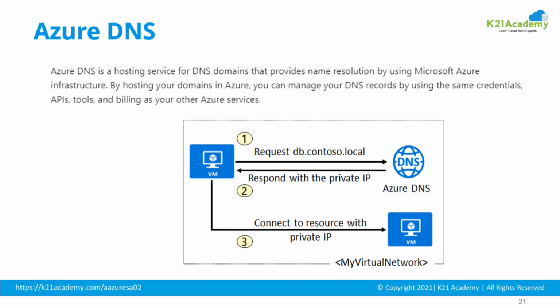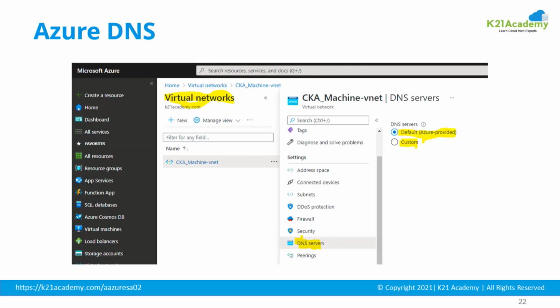And these DNS names that you have can be managed within Azure. That's what Azure DNS is. Also, when you're creating a network, Azure comes with its own default DNS server, or you can have an external DNS zone management, or you can say, hey, I want to use a custom DNS server.